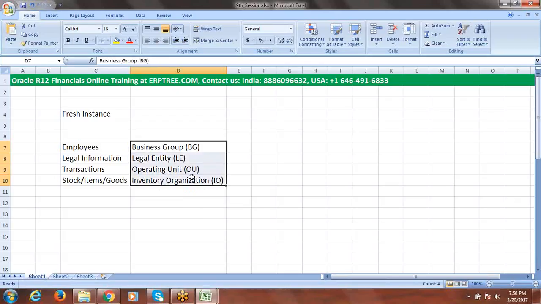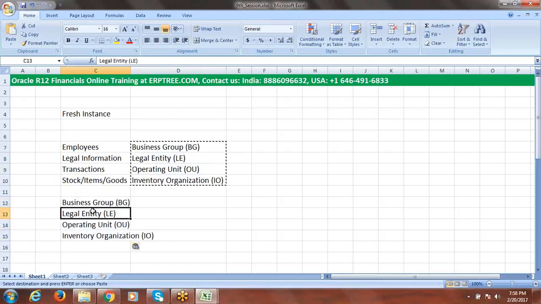Okay, I'll take the same information here. And when you look at this point, definitely there will be some employee related transaction. The simple example, salaries. And in the legal entity level also there should be some legal reporting. The organization has to report to the government. There will be some transaction.